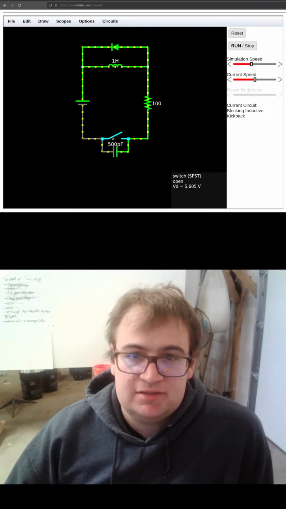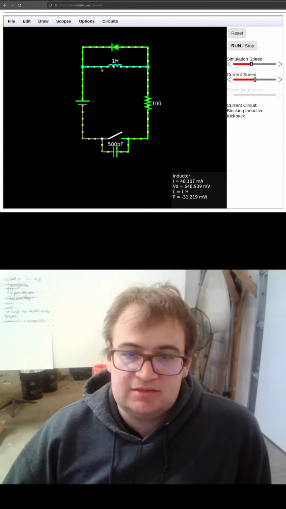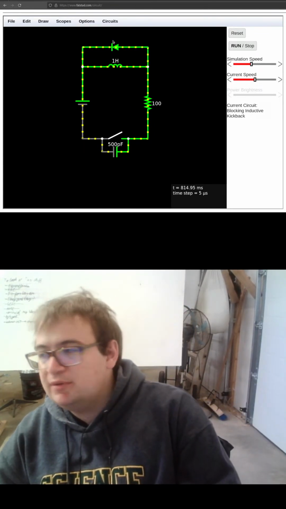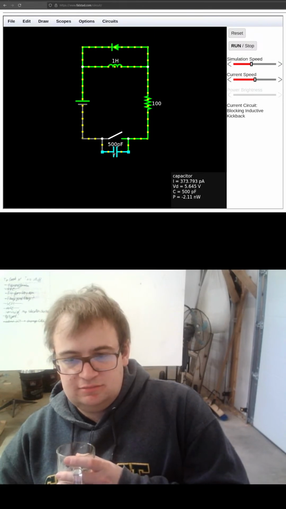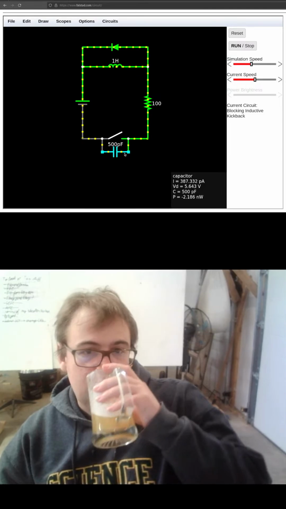Let's see if that happens. And yep, so this conducts itself through there. We get a 0.7 volt drop right there, and this basically automatically charged up.